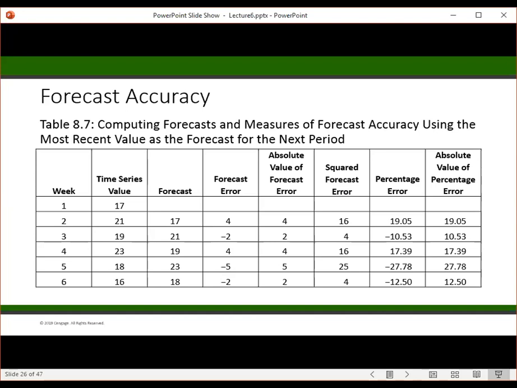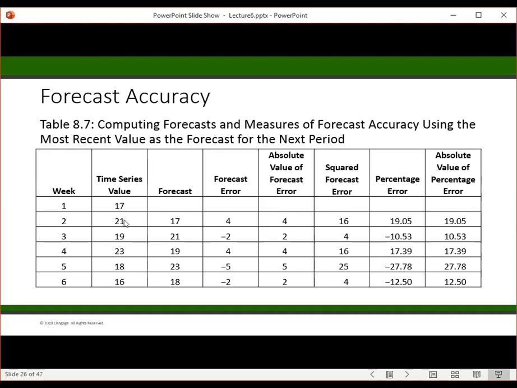So we subtract 17 from 21 and we get a forecast error of 4. The absolute value of that error is 4 also. The squared forecast error is 16. The percentage error is going to be 4 divided by 21, or 19.05%, and the absolute of that is 19.05%.